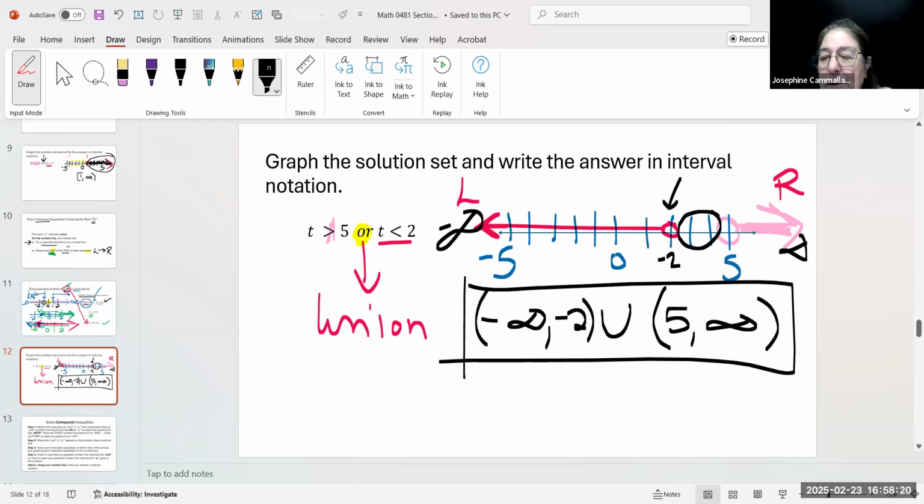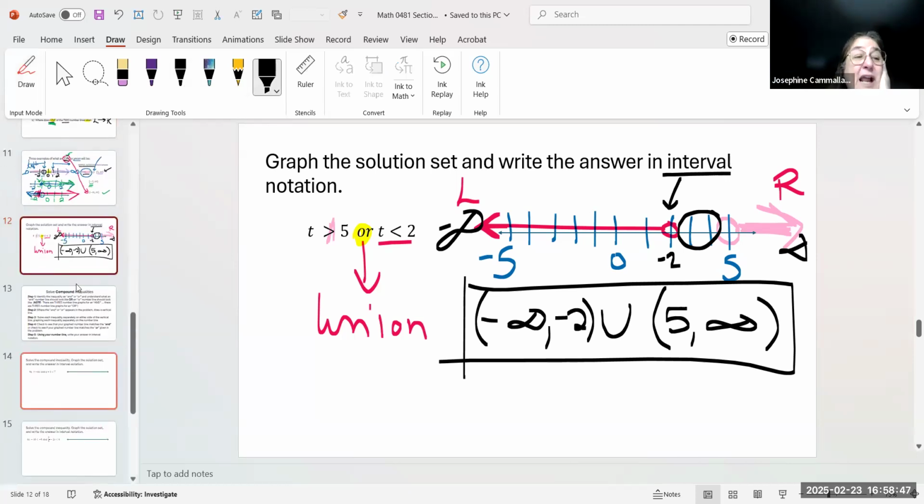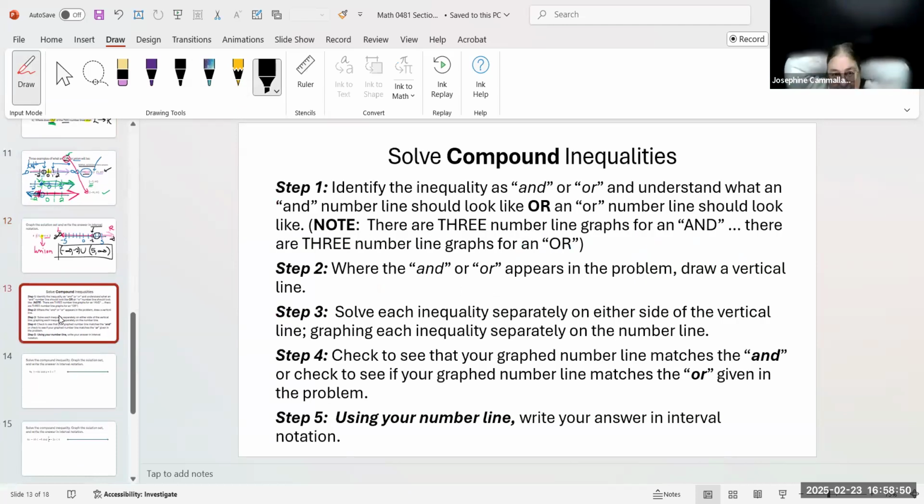I'm reading the number line. If a problem doesn't give you a number line, you've got to draw the number line to read it correctly to get your interval notation. Now, this is where it gets more interesting. Okay, now I've given you some steps to watch out for.